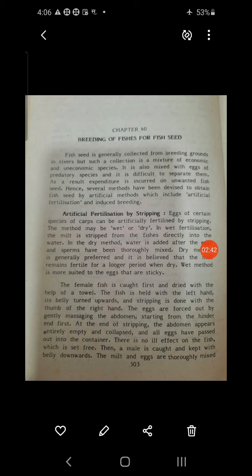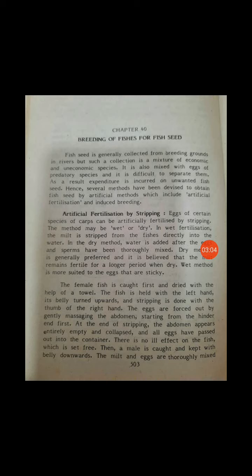So in this case, what happens is the female fish is caught and dried with the help of a towel, and the fish is held with the left hand, its belly turned upward, and stripping is done with the thumb of the right hand, and the eggs are forced out by gently massaging the abdomen, starting from the hinder end first, and collected in a large vessel. At the end of stripping, the abdomen appears entirely empty and collapsed.